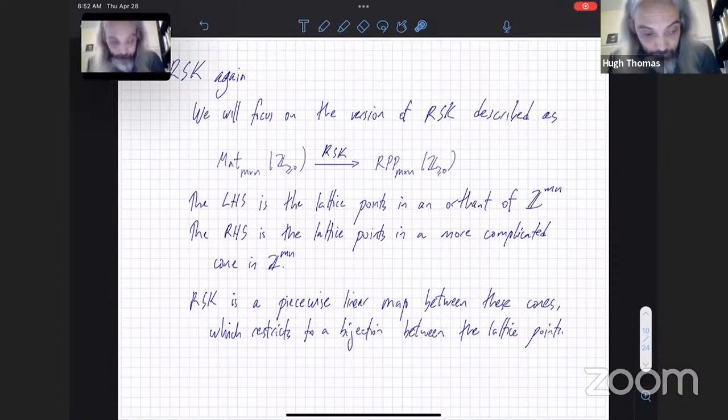And it turns out that RSK is a piecewise linear map between these two cones, which restricts to a bijection between the lattice points, but it can be interesting to think in terms of convex geometry. And I know that Omri has thought about RSK where some of the entries might not be integers, and you can see from this description that that's a possibility.